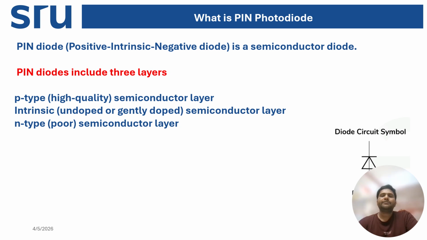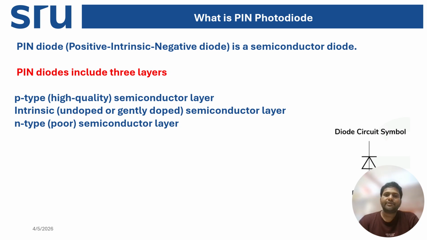It operates based on the principle of the photoelectric effect, where incident light generates charge carriers. Among different types of photodiode, the PIN photodiode is widely used due to its high speed and sensitivity.